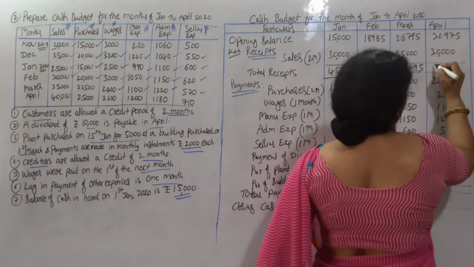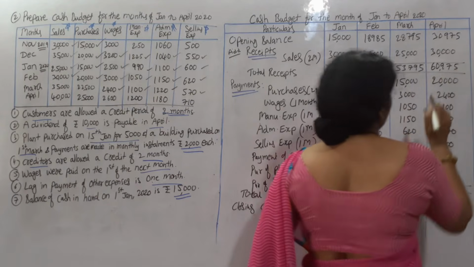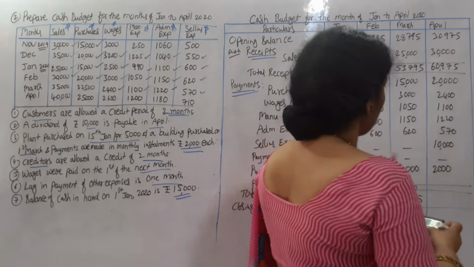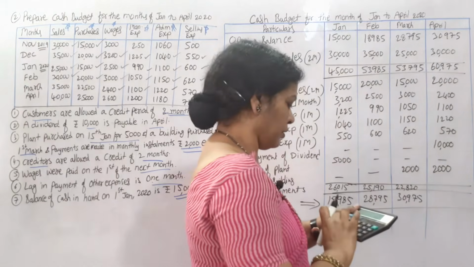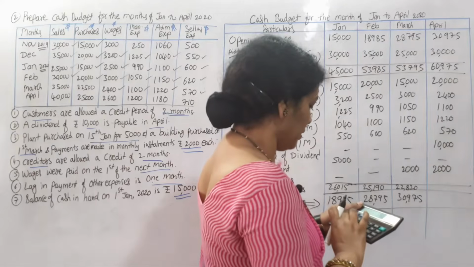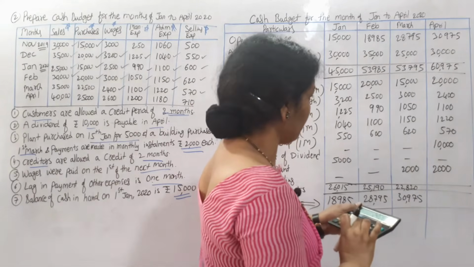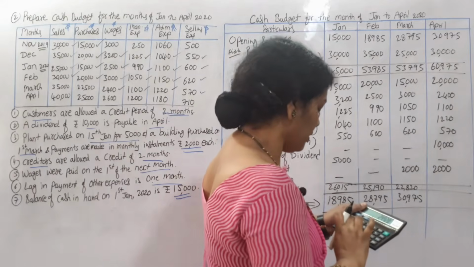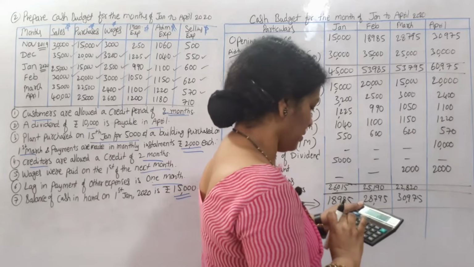Total will be 60,975. So if you see this total, 20,000, 22,400 plus 1,100 plus 1,220 and 1,570 and 2,000.